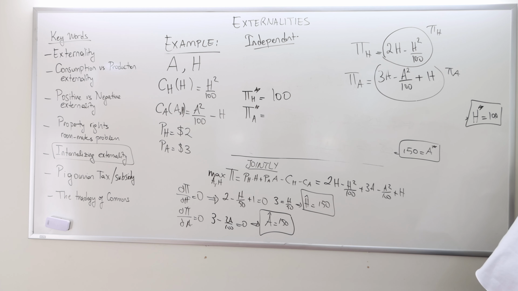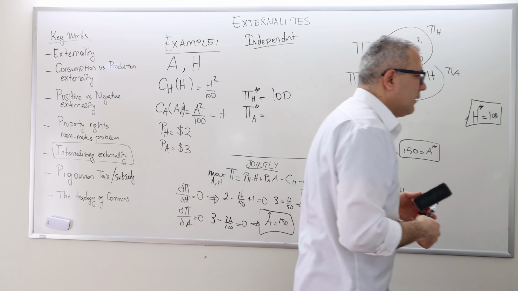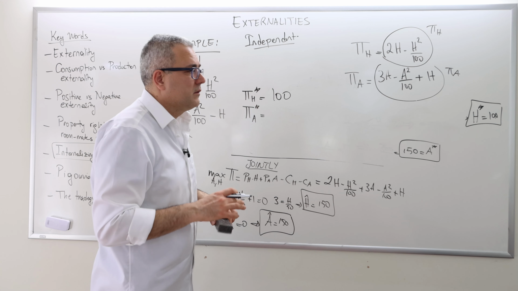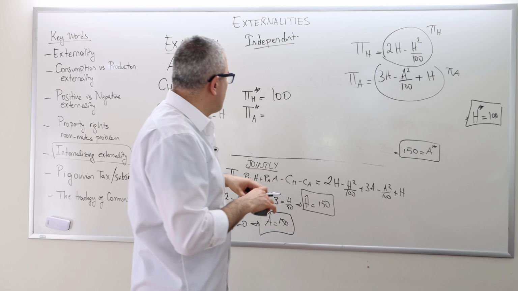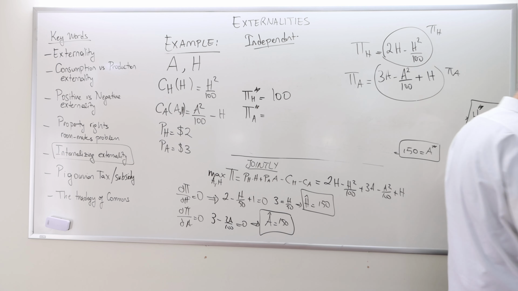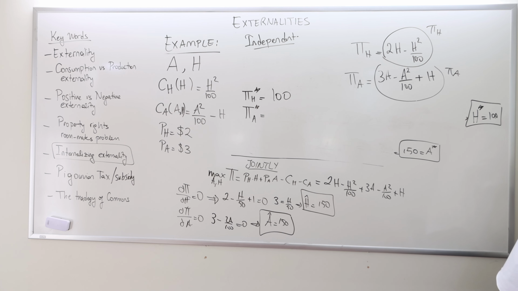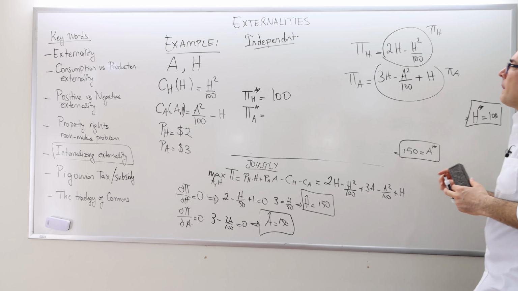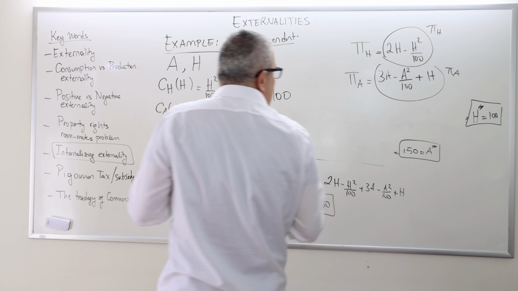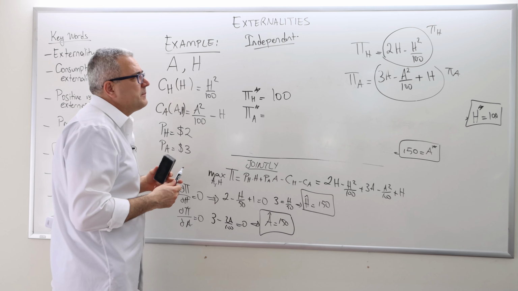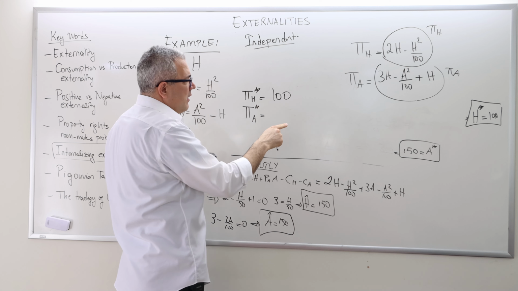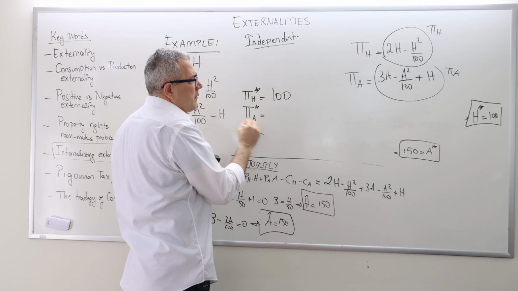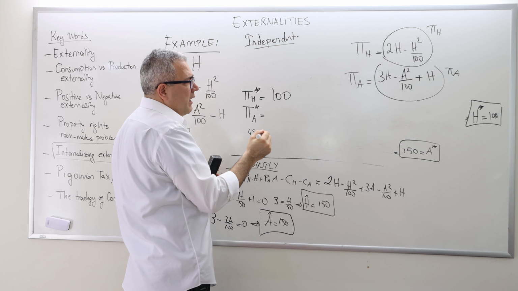let me double check. So the profit function is 3a, which is 450 minus a squared divided by 100.